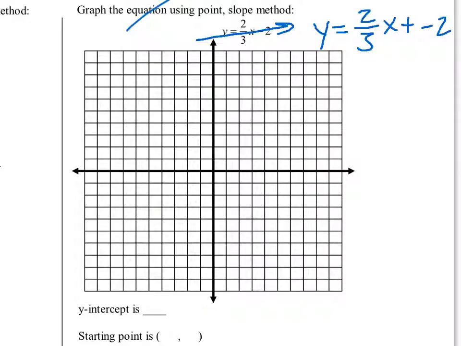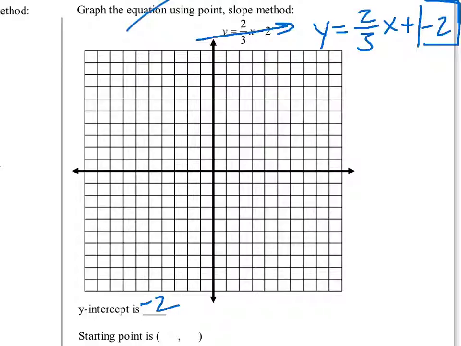What is the y-intercept of this equation? It is -2. That comes straight from our plus b portion of our equation.